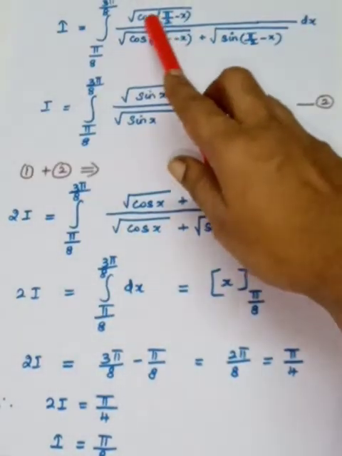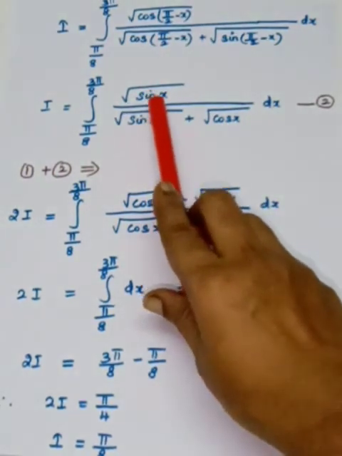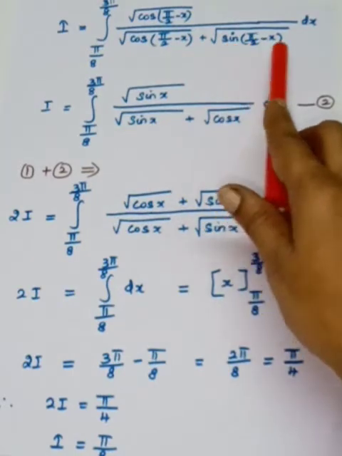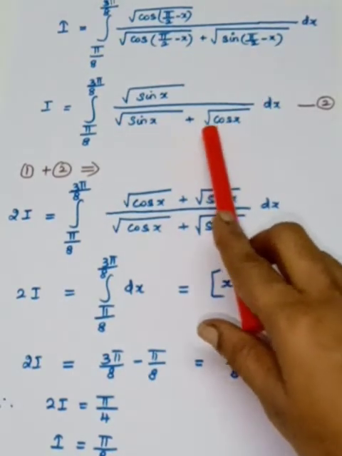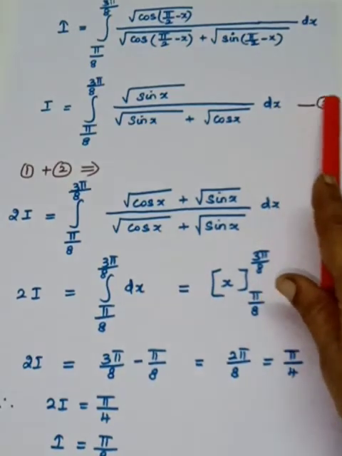So you know very well, cos of 90 minus theta is sin theta. So it is a square root of sin x. This also square root of sin x. Here sin of 90 minus theta is cos theta. So it is square root of cos x into dx. You see that equal as 2.